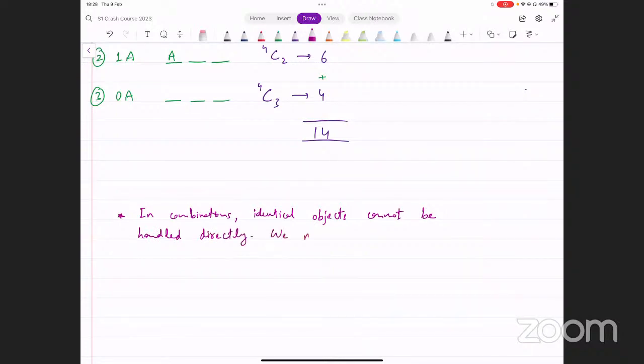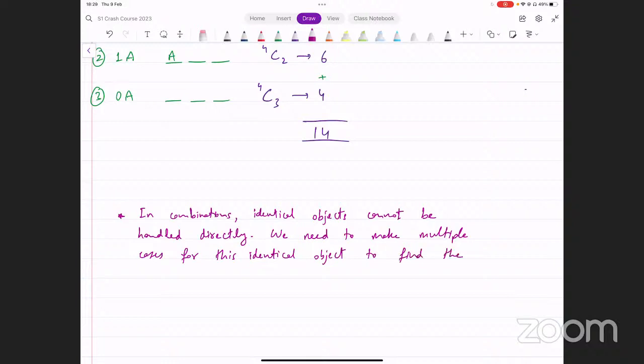In this case, we need to basically make multiple cases for this identical object to find the total possible combinations. All right, so this is something that we'll have to do in combinations every time.